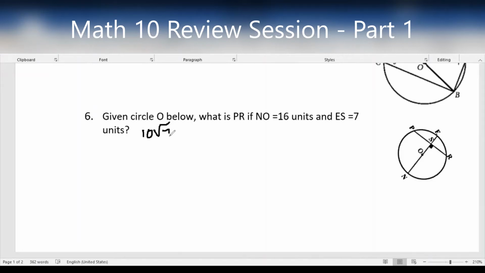To get PR, take the square root of 175, which is 13.23. Then multiply that by 2 to get PR. So PR is equal to 26.46.